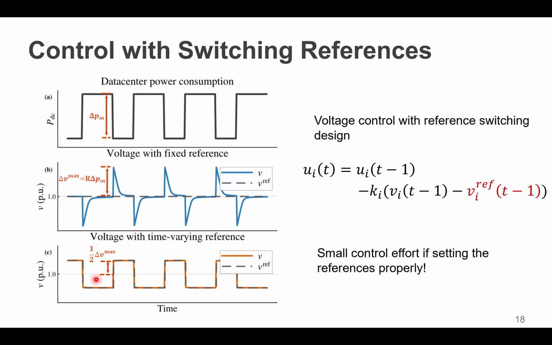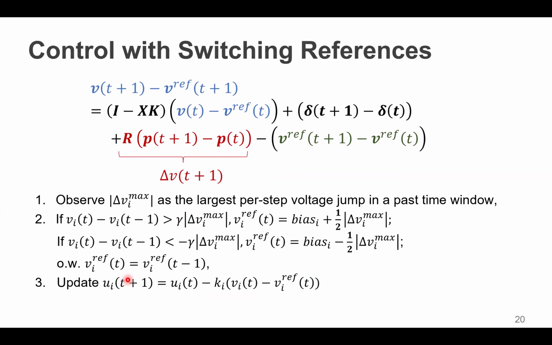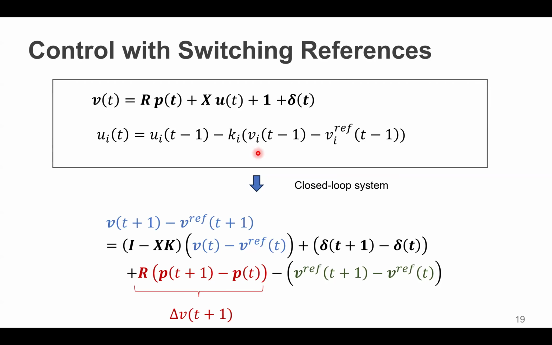Our intuition when analyzing this kind of behavior, and why it works, comes from the closed loop analysis, the analysis of the closed loop system behavior, which consists of both the linearized flow we have here and also the control action.